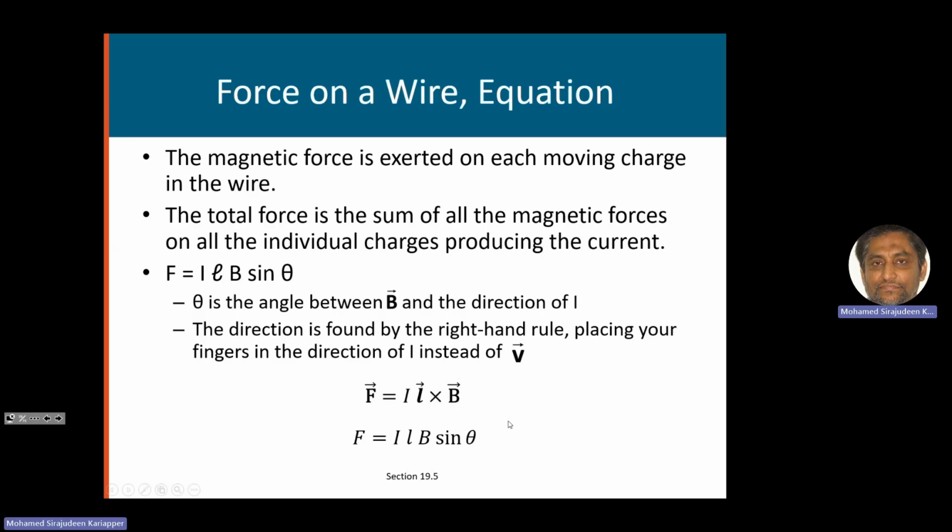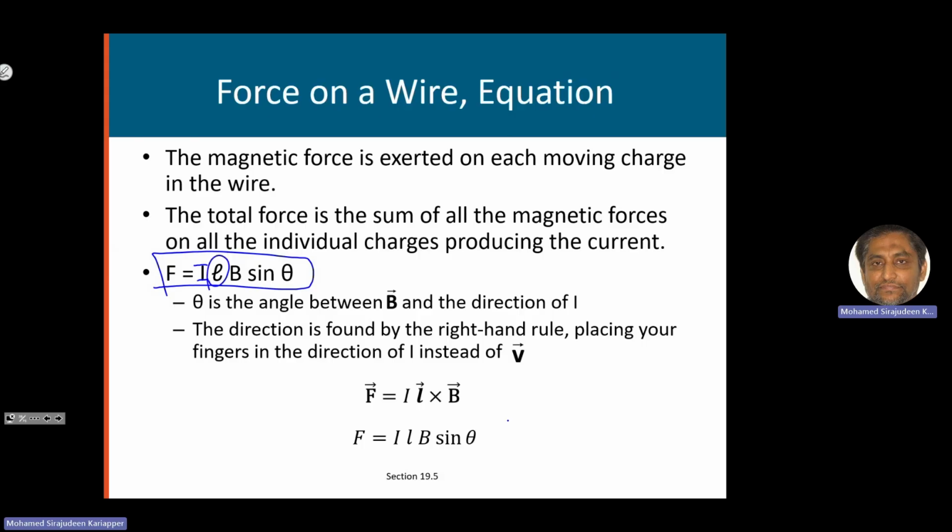Yes. Without proving it, we can prove it from our previous equation, which is F equals qvB sine theta for a charge. But you can apply this and we can prove this. I don't want to bother you with all the details. I'll just give you the equation. The equation for the magnetic force on a current carrying wire is this. I is the current.